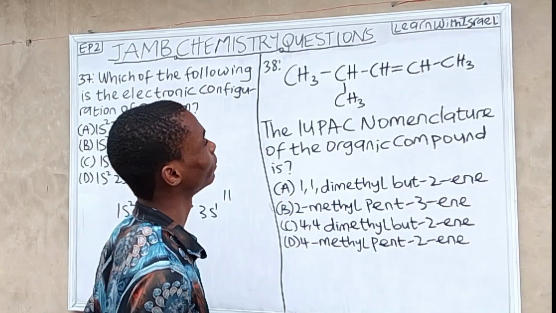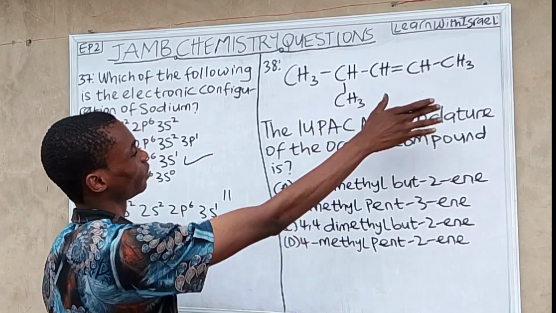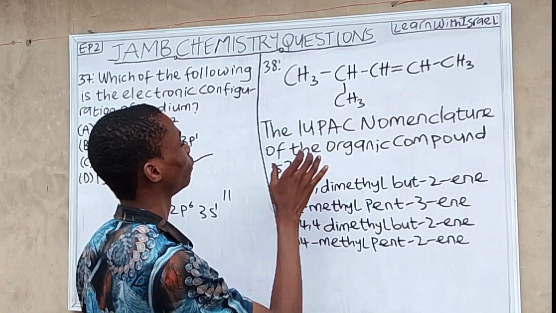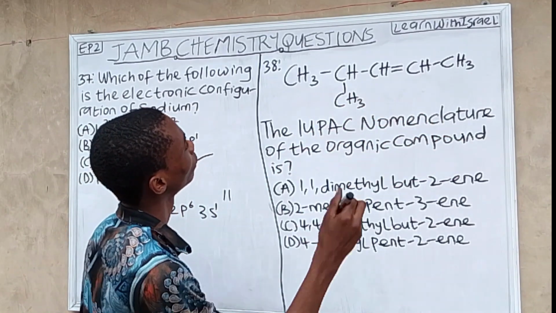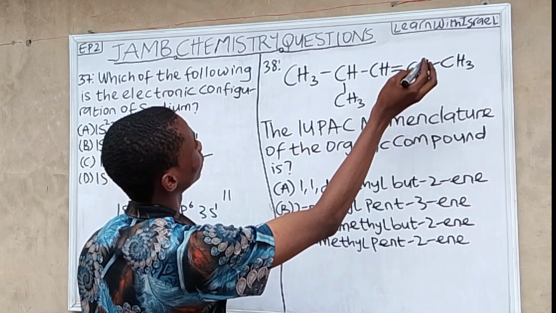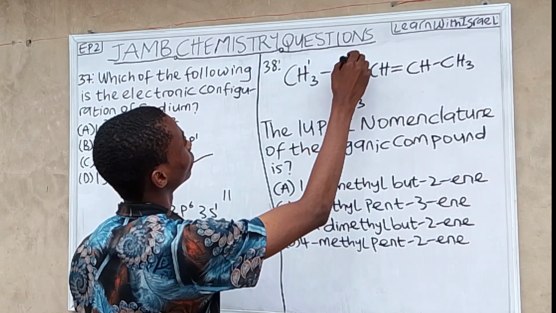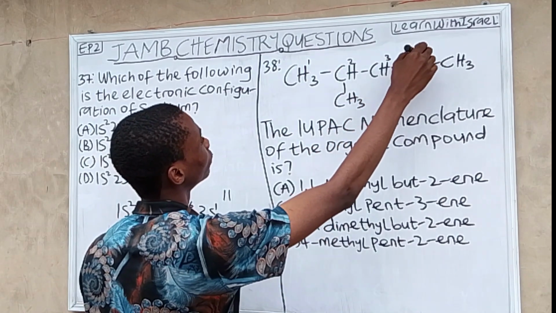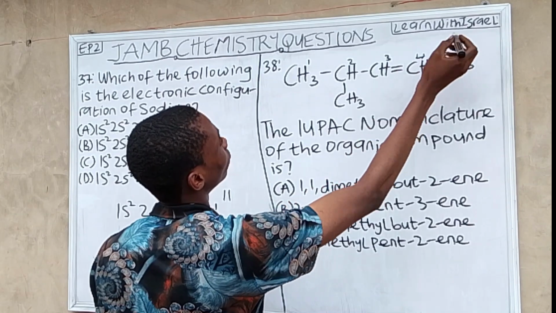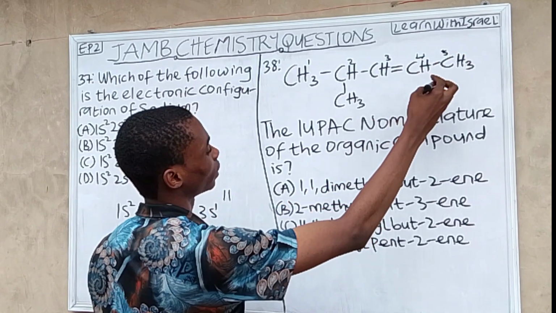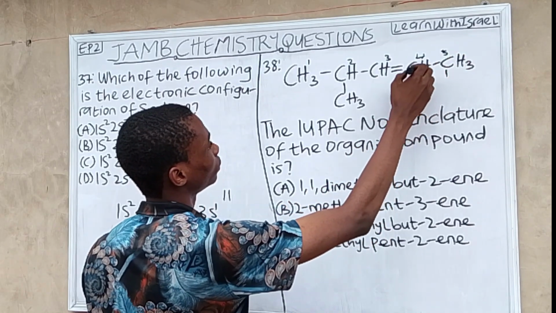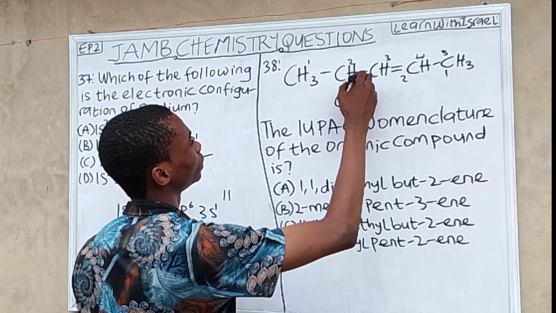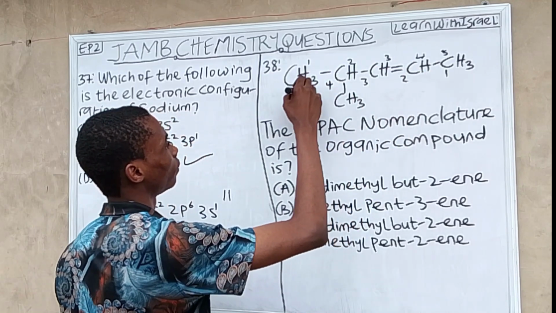This is an organic chemistry question. What is the IUPAC nomenclature of the organic compound above? Let's count 1, 2, 3, 4, 5. Let's count back 1, 2, 3, 4, 5.